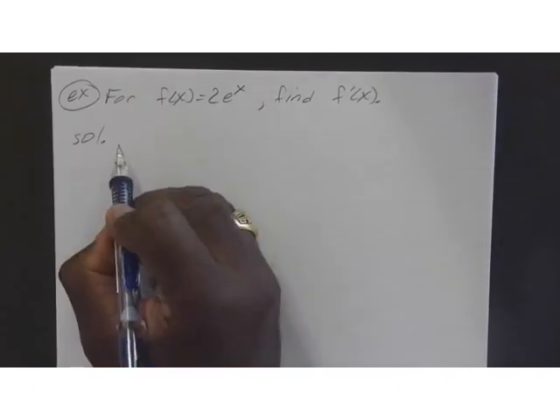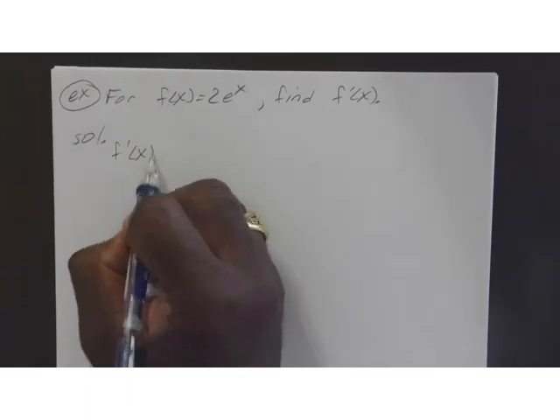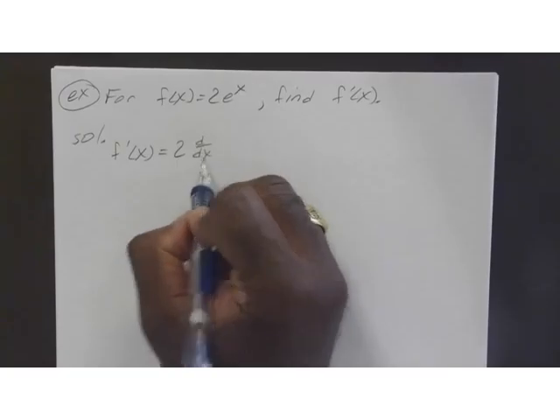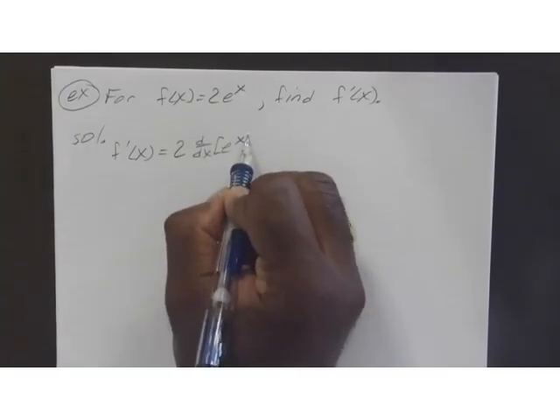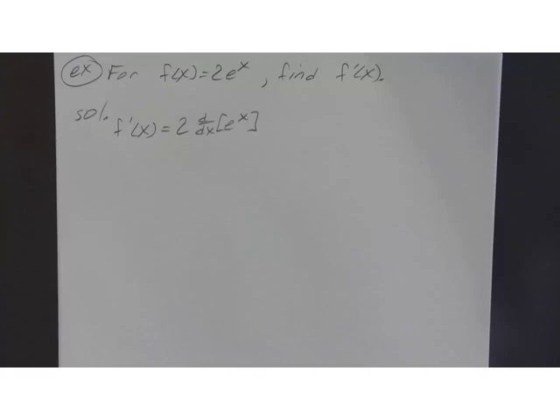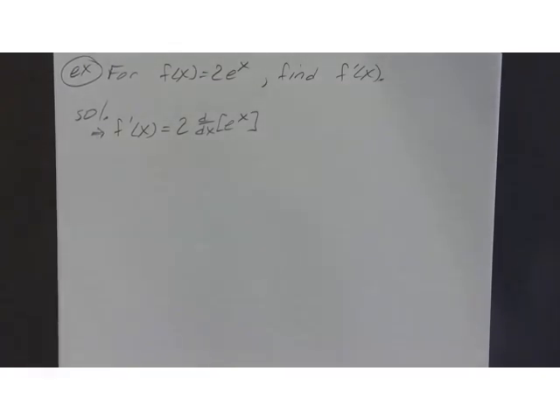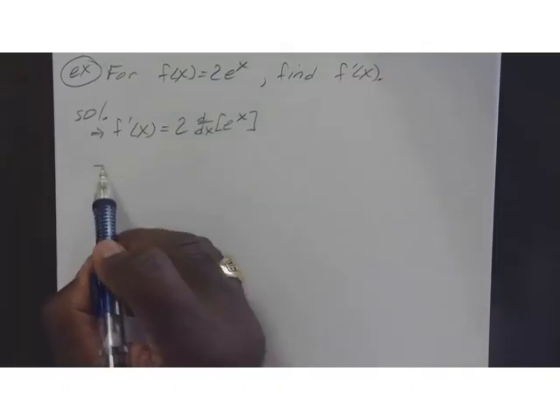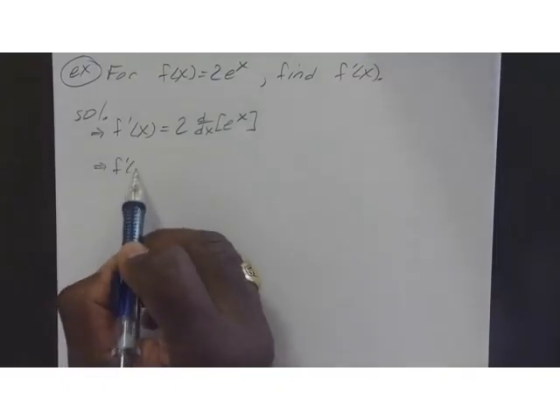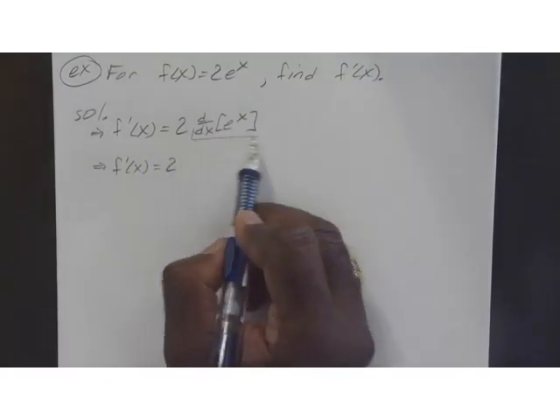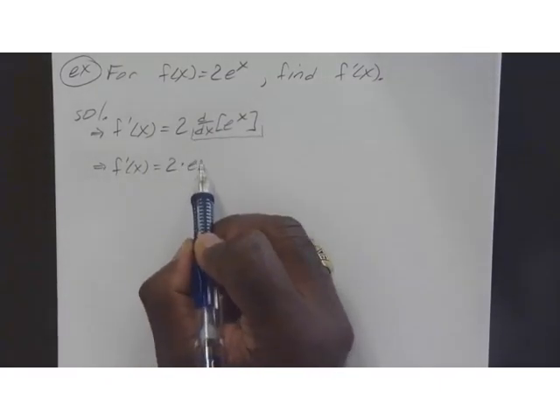So for this one, we know that f prime of x is just 2 times the derivative of e to the power of x. Which means that our f prime of x is equal to 2, and the derivative of e to the power of x is just e to the power of x.